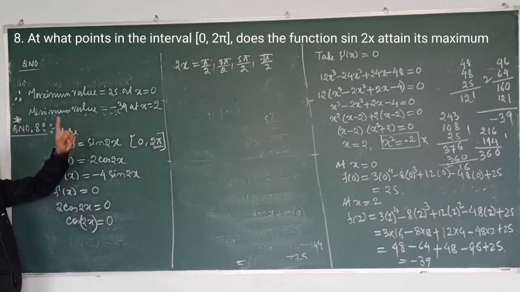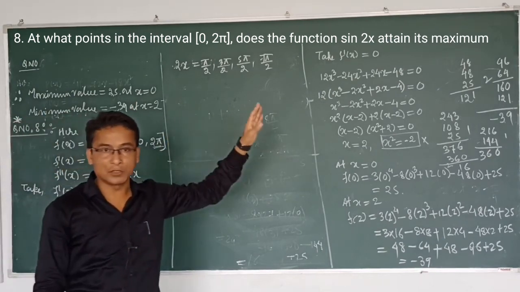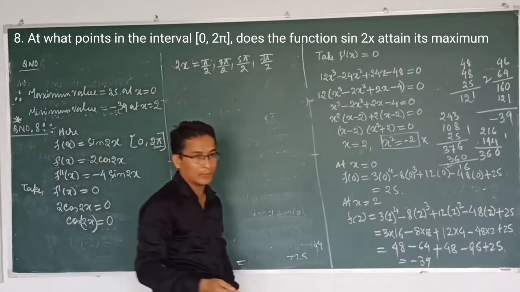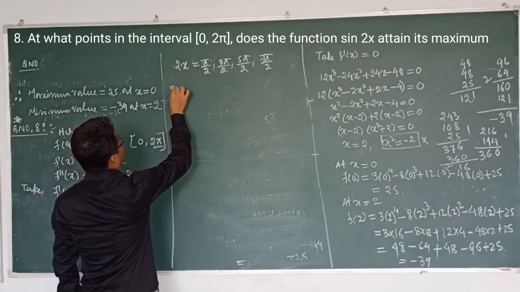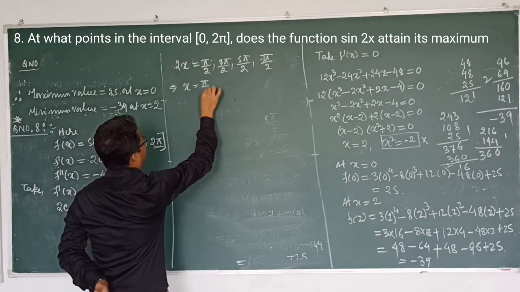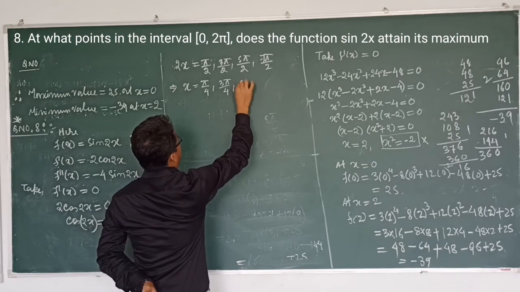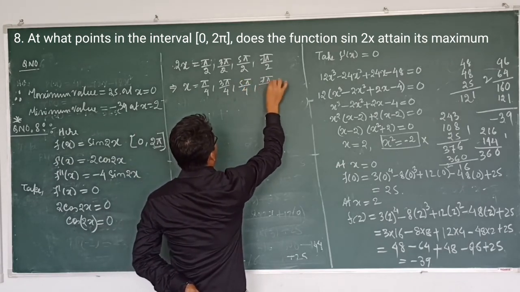So 2x equals pi by 2, 3 pi by 2, 5 pi by 2, 7 pi by 2, that means the odd multiples, when you increase them, the value of cos is 0. That implies x equals pi by 4, 3 pi by 4, 5 pi by 4, 7 pi by 4.